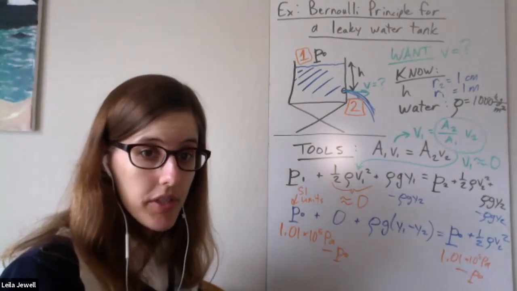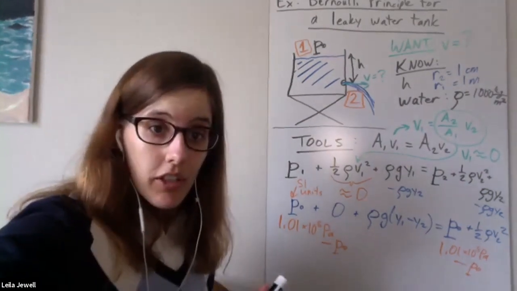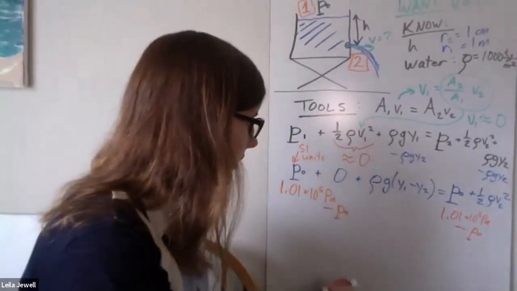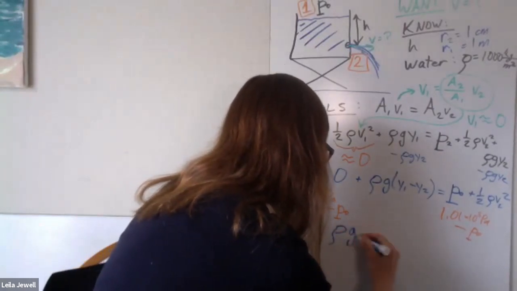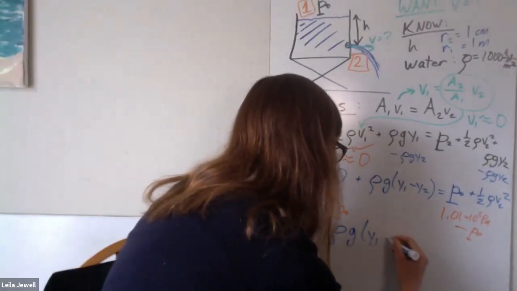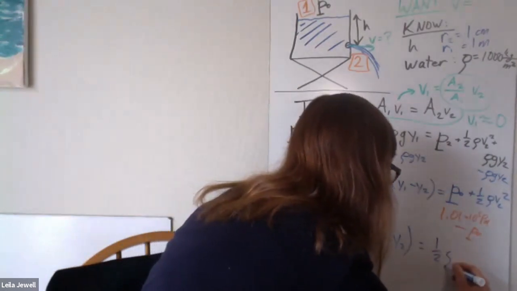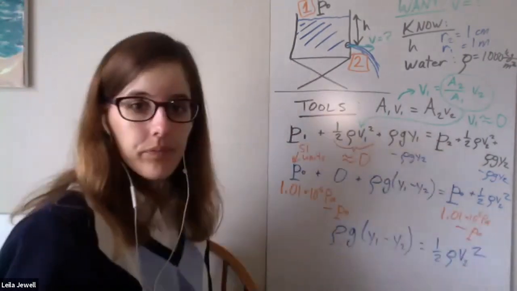They balance on both sides. And what we're left with after all of that, I'll move this down a little so we can see a bit more, is rho g (y1 minus y2) is equal to 1/2 rho v2 squared.